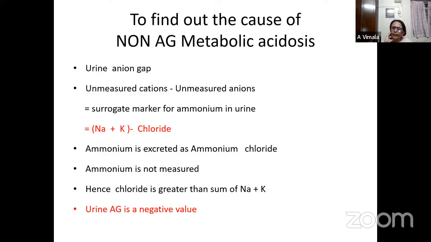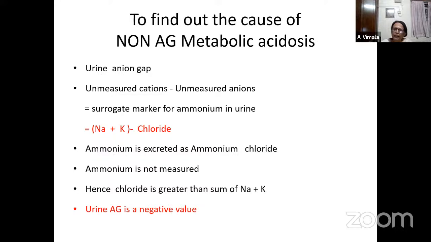Ammonia is excreted as ammonium chloride. So the cations are sodium, potassium, and ammonium. The important anion excreted is chloride. Urine virtually contains no bicarbonate under normal circumstances. So the gap is sodium plus potassium minus chloride.